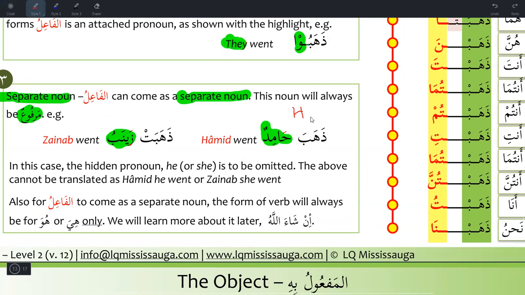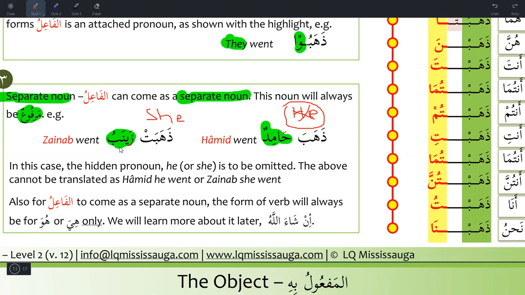But when there is a noun and we know that Hamid is the fa'il here, then we don't translate "he," and we don't translate "she," because the subject is clear here.